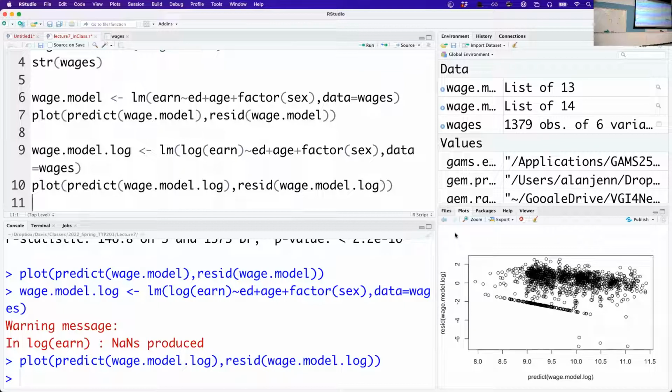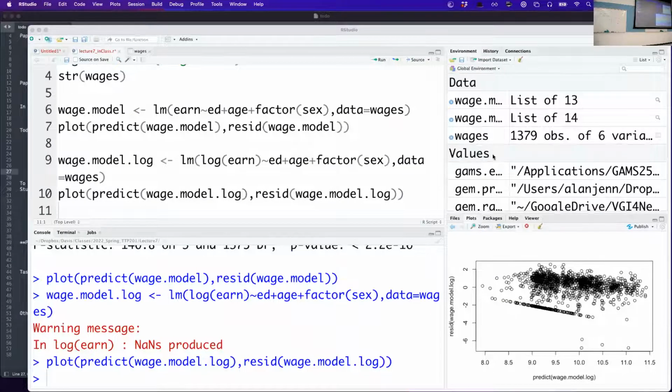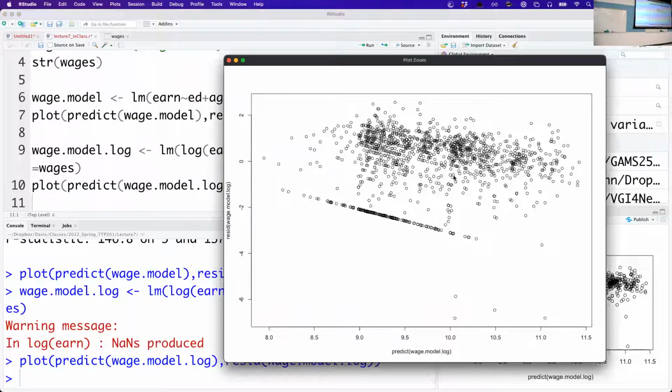Okay. And in this case, it looks like we now have a better clustering of points here, but then there's still this very clear set of points that look like this.